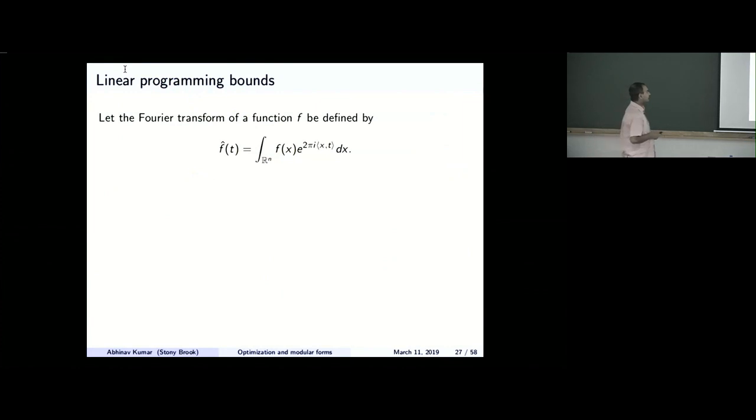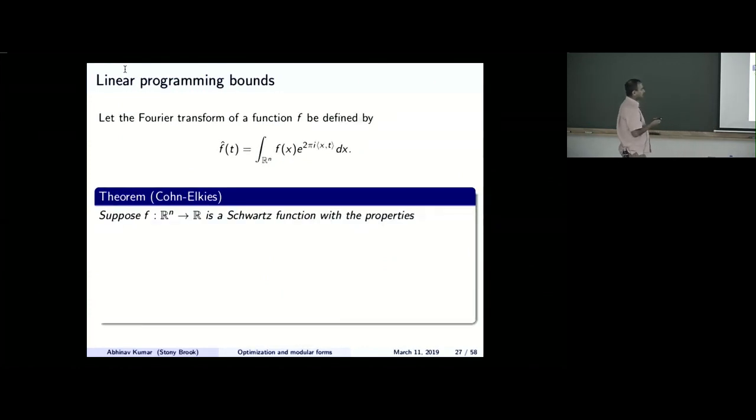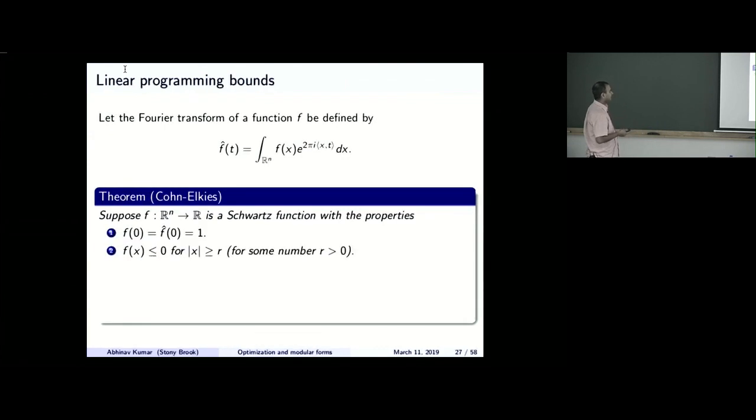Okay, so here's the first ingredient, the linear programming bounds. I'm going to normalize the Fourier transform of a function as so, and then here is the linear programming bound for sphere packing. Suppose you have a Schwartz function with these three properties: f and f hat you normalize to be 0, f is non-positive for all vectors bigger in norm than some real number r, and f hat is always non-negative.